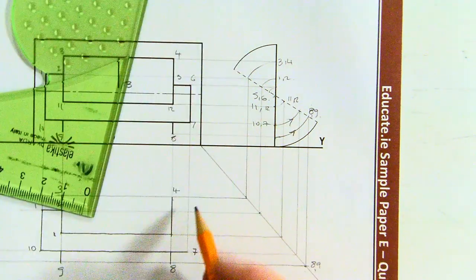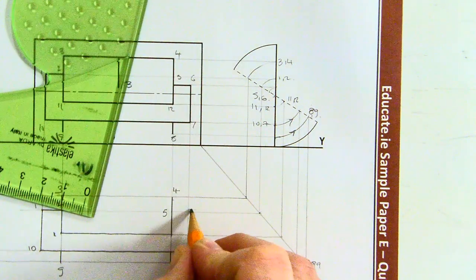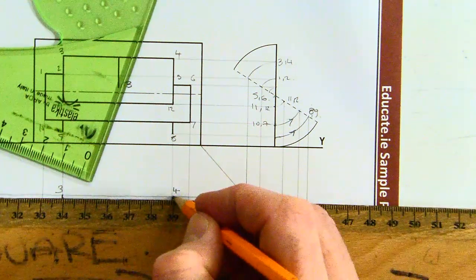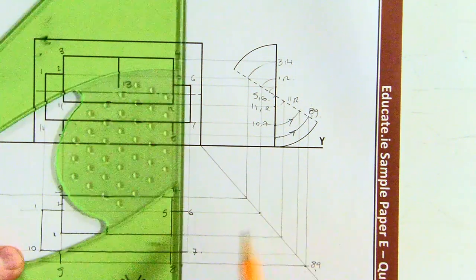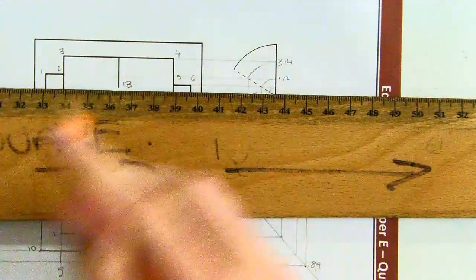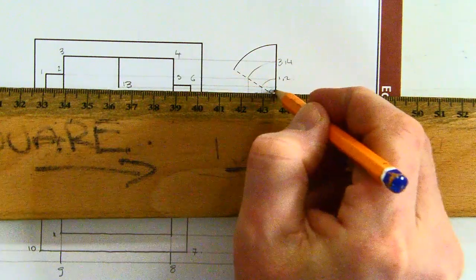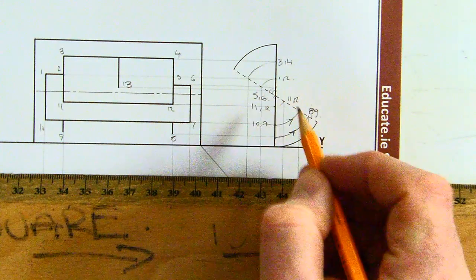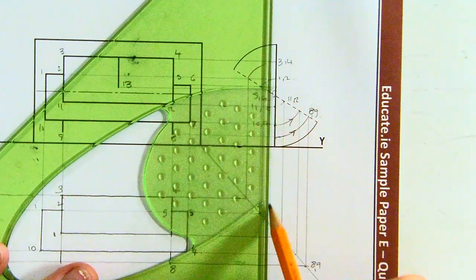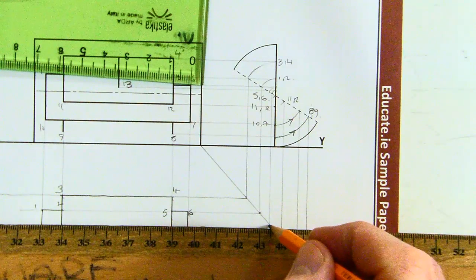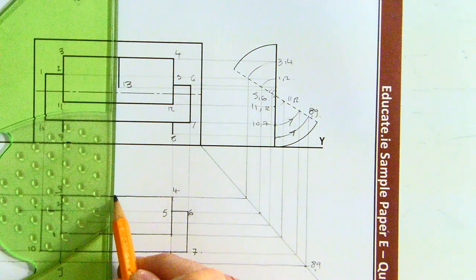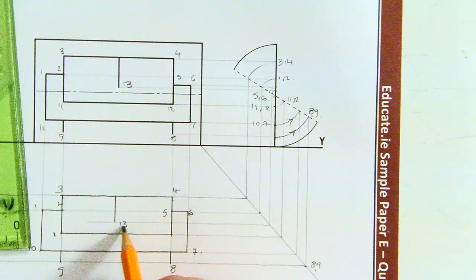Five and 6 are here. 5 and 6. We also have to bring this point 13 across. Now, it's going to be very hard to get your compass in there. That there's 13.